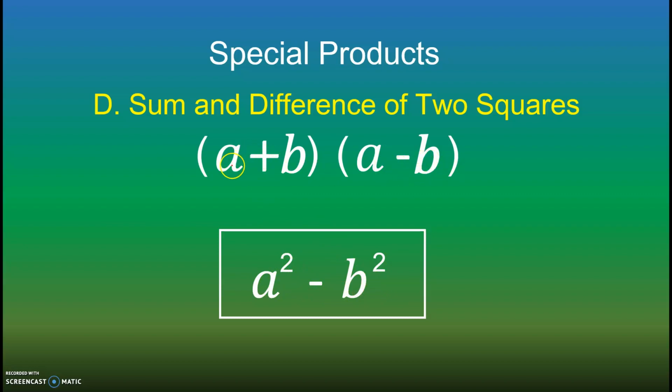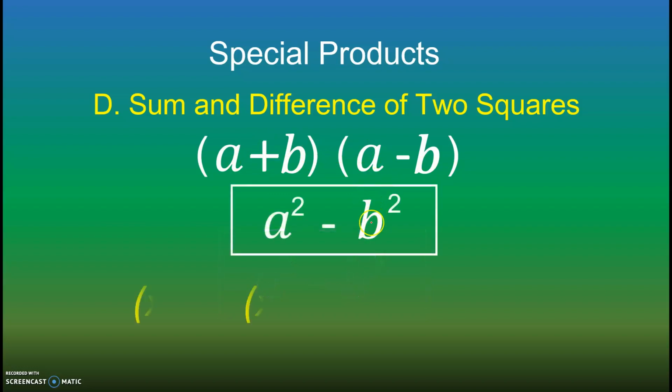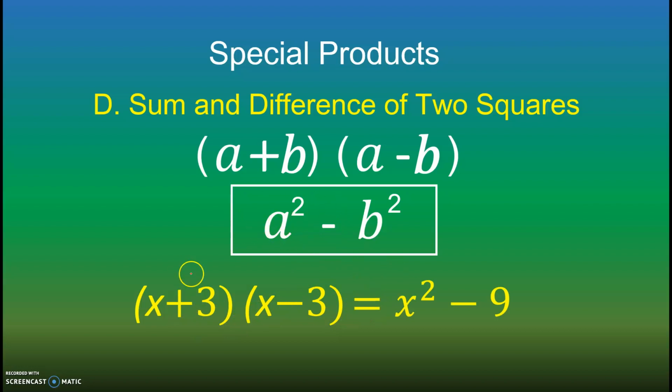So again, they contain the same first term and same last term, but it's just the sign ang nag-differ nila. So for example, x plus 3, x minus 3. X plus 3 times x minus 3, so apply ka lang sa pattern. X times x, x square. 3 times negative 3, which is negative 9. Diba?